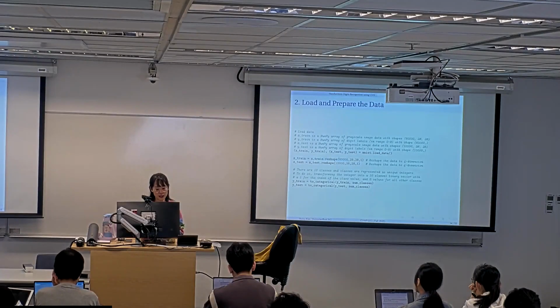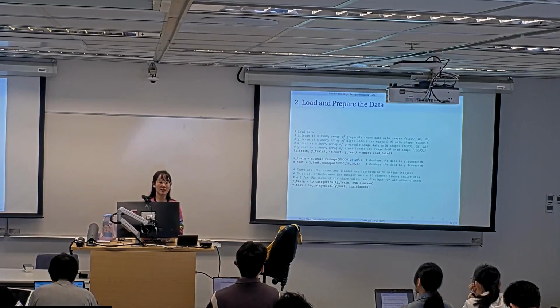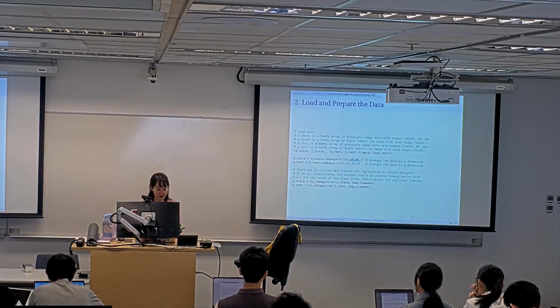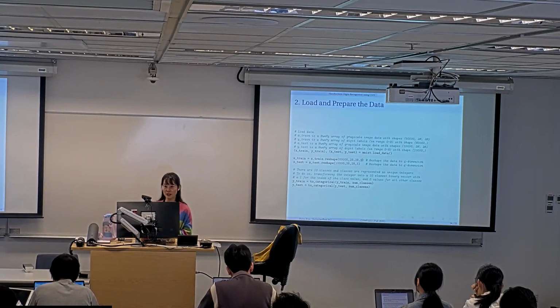So we must leave this position for the number of data. And then the second and third dimensions, 28, 28, are the spatial dimensions. Spatial dimension basically means the size of the image. The last dimension is the depth, the number of channels, because the Conv2D layer will accept the depth information.